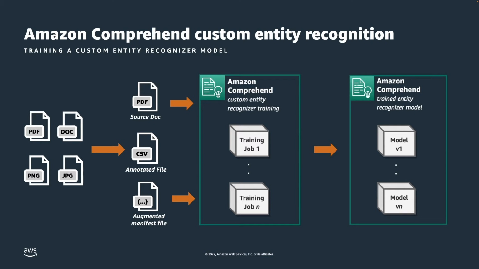Until now, in order to detect entities from semi-structured documents like PDF or images, you had to first extract the plain text out of the documents and then use the plain text to detect the entities using a trained Amazon Comprehend Entity Recognizer. This process is complex and needs preprocessing, which often complicates the document processing workflow. Let me now request Sebastian Lex to walk us through how the new feature in Comprehend can simplify the workflow.